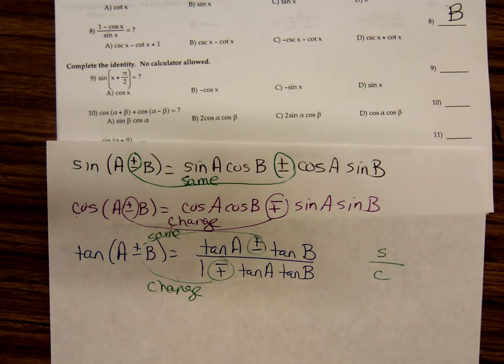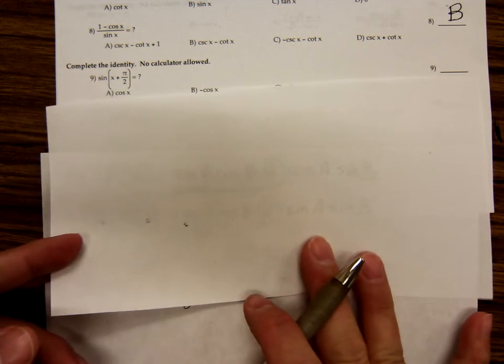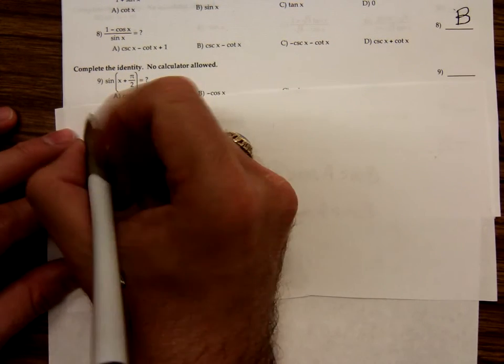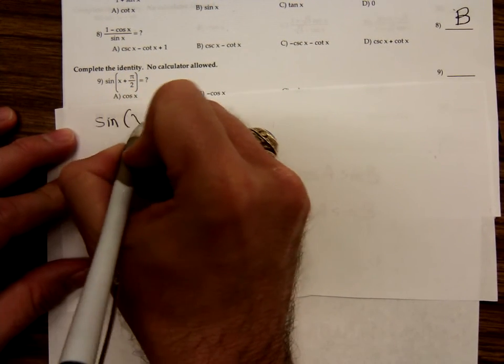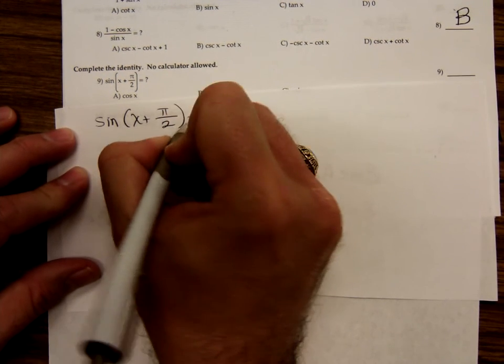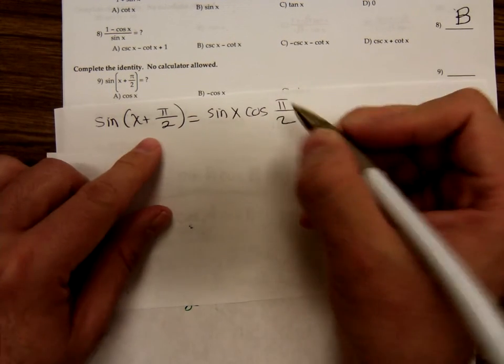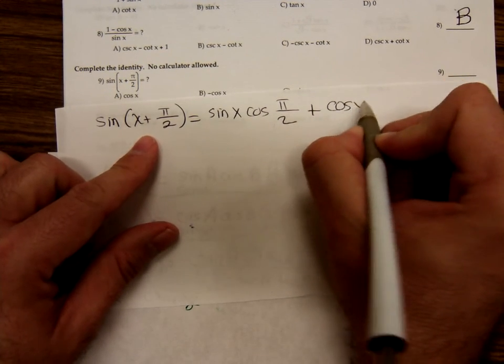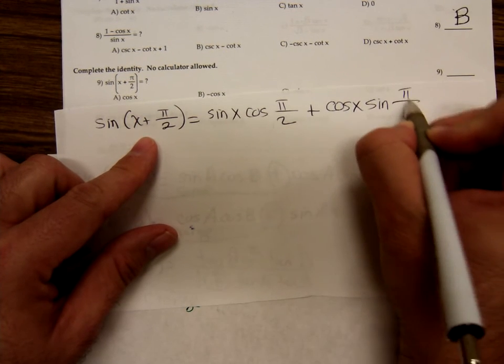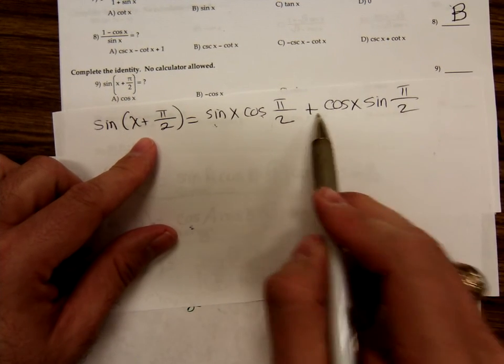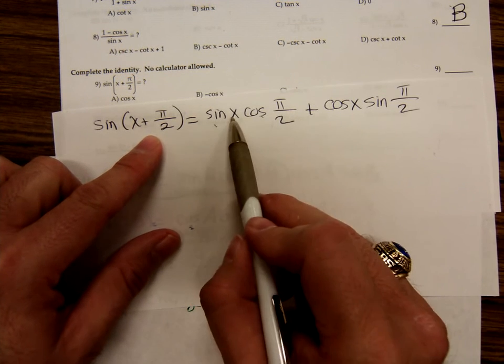So let's see, problem number 9. Sine of x plus pi over 2. Well, sine, cosine, cosine, sine, same symbol in the middle. Notice here I'm going first angle, second, first, second.